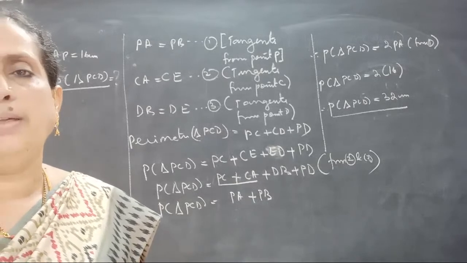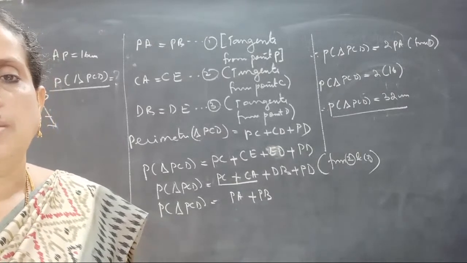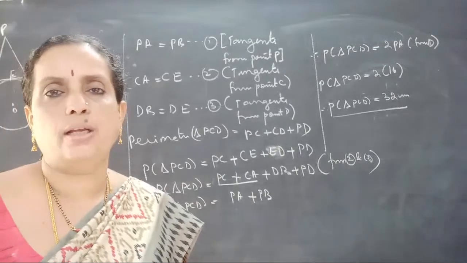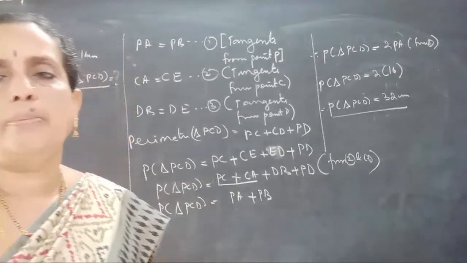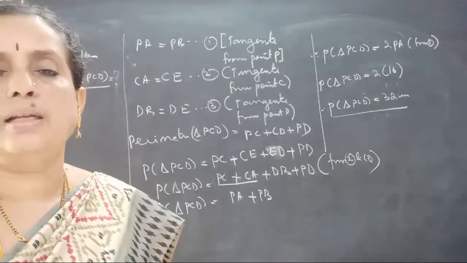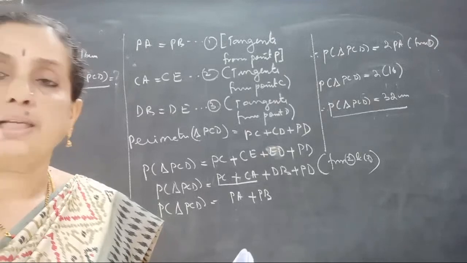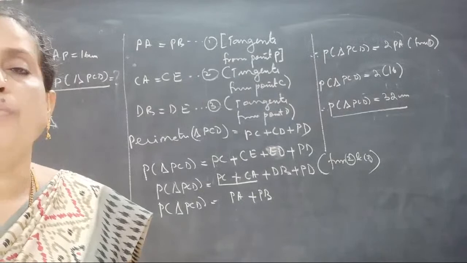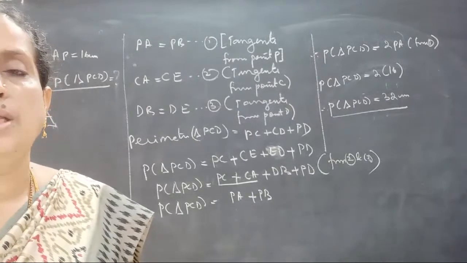We have done it in yesterday's class. But here they are asking only the length of AD as an MCQ question. Then directly we can apply that when a circle is circumscribed by a quadrilateral, the sum of the opposite sides is equal.